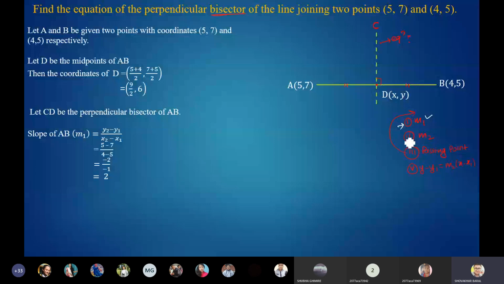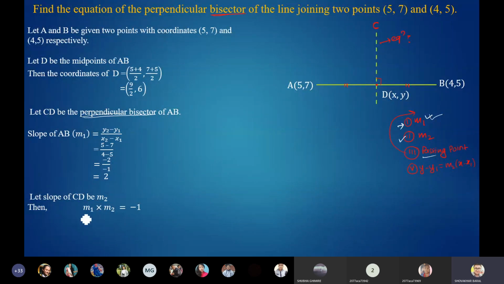Passing point, we got the value of M1. Now we need to find the value of M2. Let the slope of CD be M2. Since they are perpendicular, M1 times M2 equals minus 1, because we already stated that CD is the perpendicular bisector of AB.